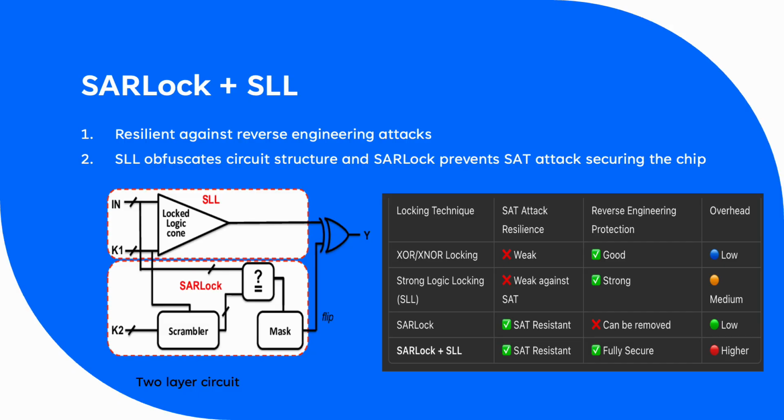This combination ensures that the chip remains secure even in the face of advanced threats. For example, even if an attacker manages to reverse engineer the circuit, they would still need to break SARLock, which is computationally infeasible. This makes SARLock plus SLL a comprehensive solution for securing ICs.